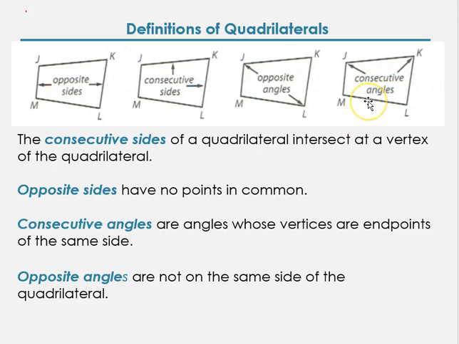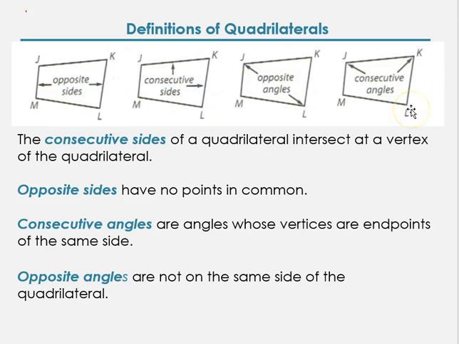Consecutive angles are angles whose vertices are the endpoints of the same line segment or the same side. As an example, with line segment JK, you would have angle J and angle K at the endpoints. So J and K would be consecutive to each other.